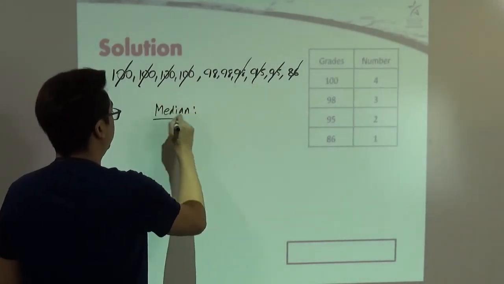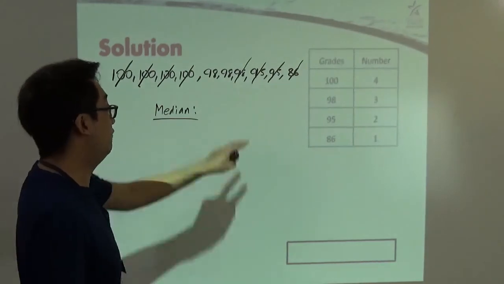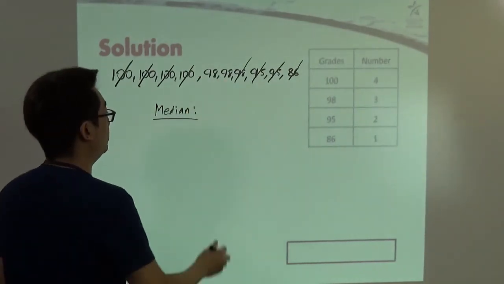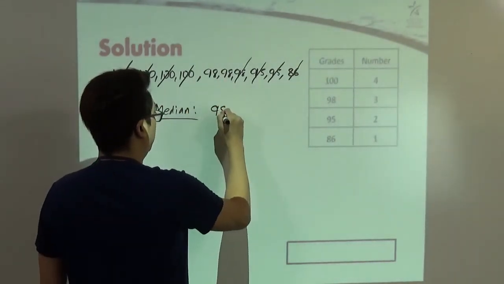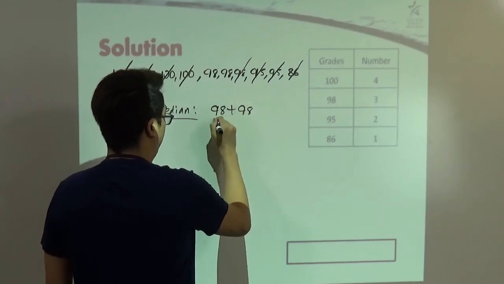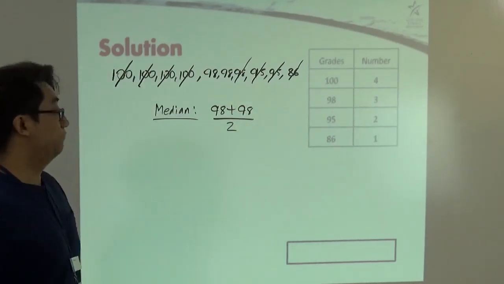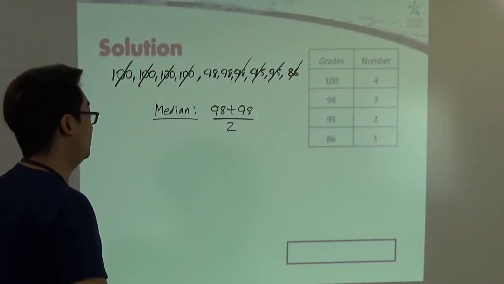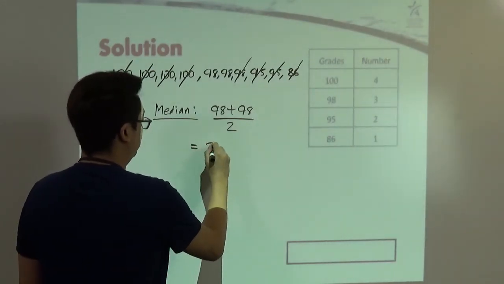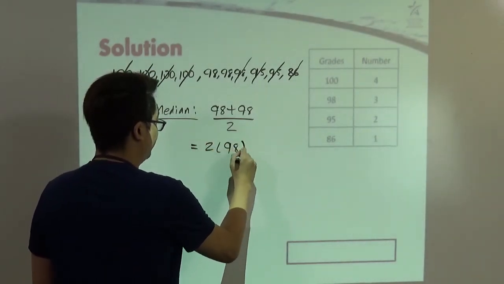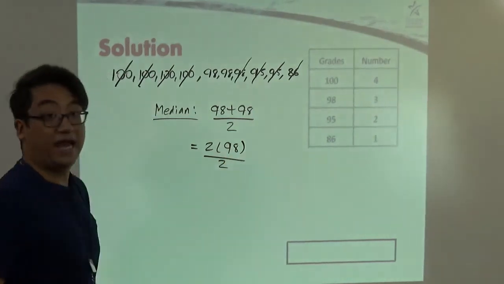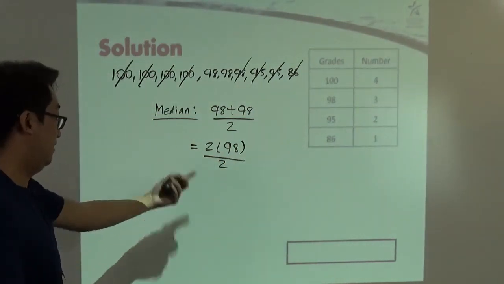So how do we find the median if there are 2 numbers in the middle? By definition, you find the average of them. You take the 2 numbers, add them up, and divide by 2. But in our case, both numbers are 98s. So I can write this as 2 times 98, because that serves the same purpose as adding up two 98s, and then I divide.